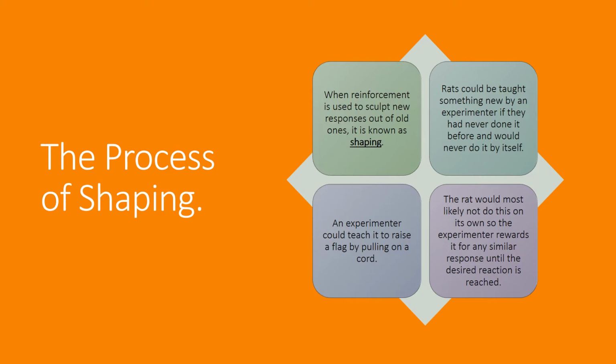Now the rat, like we said, would most likely not do this on its own. It doesn't have any real goals or objectives to do it unless you provide it with some reward. So let's say that the experimenter rewards it for any stimuli response that is similar. It doesn't have to pull the cord immediately to raise the flag, but let's just say that maybe it does. It gives the rat rewards for doing something similar to it.